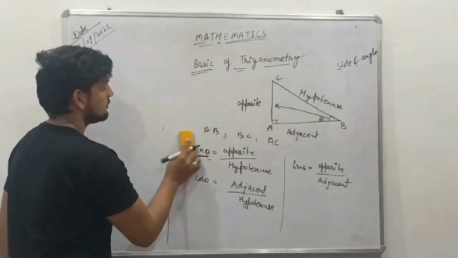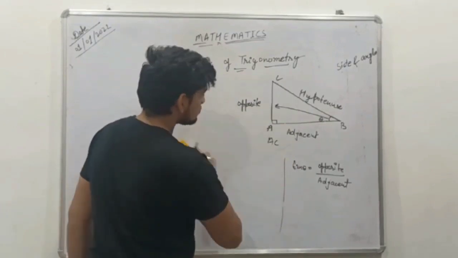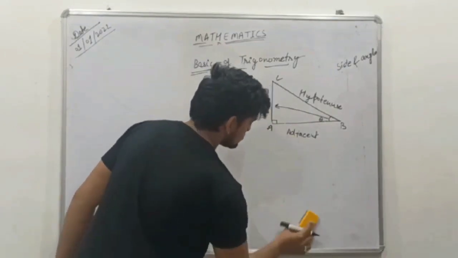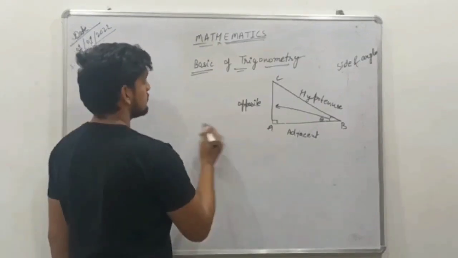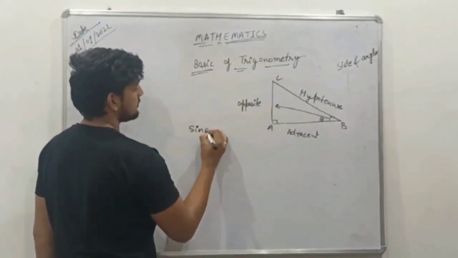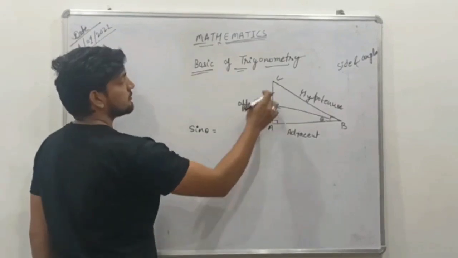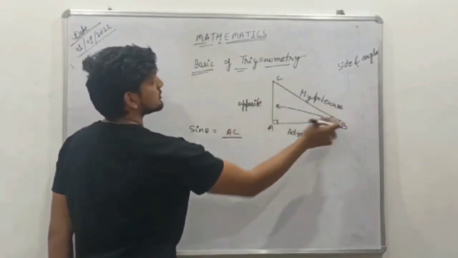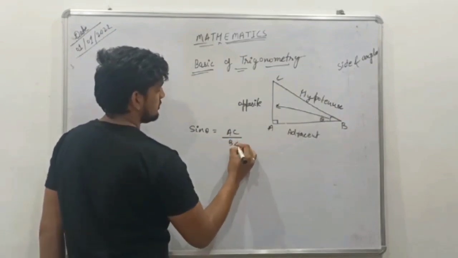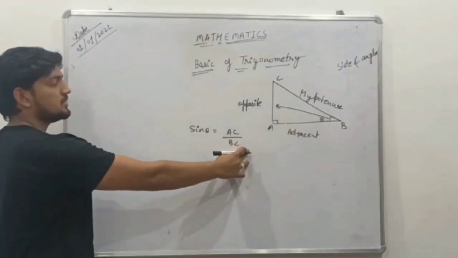And then we talk about sides. Here we know that sin theta is equal to opposite. What is opposite? AC. AC upon hypotenuse BC. So sin theta is equal to AC upon BC.